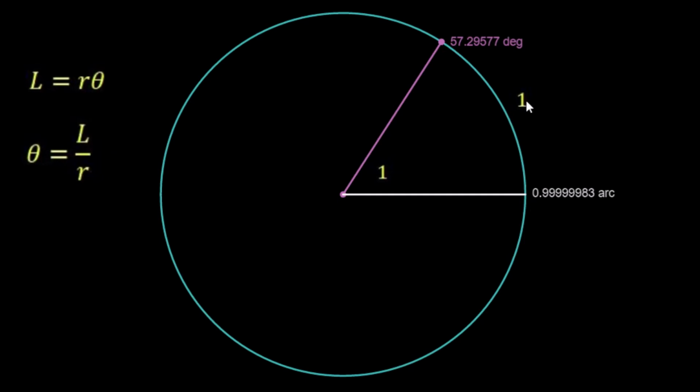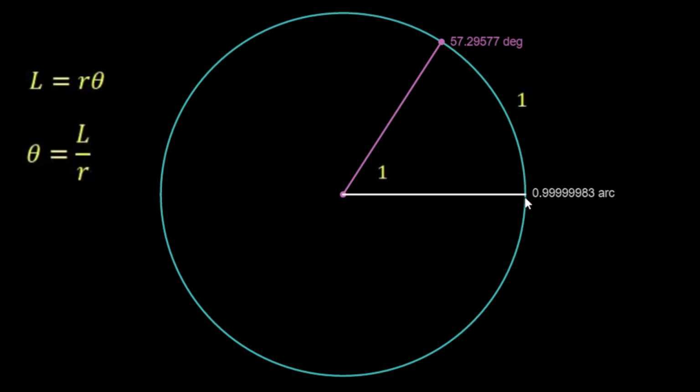So how many radians are we going to have in a full circle? Well, we could take the 360 degrees of the circle and divide it by our 57.29577. Equivalently, we could say, if this circle has a radius of 1, then we know the circumference is going to be 6.28.